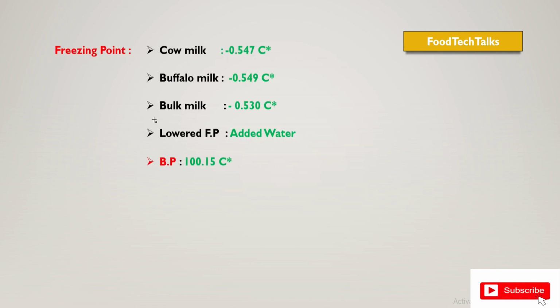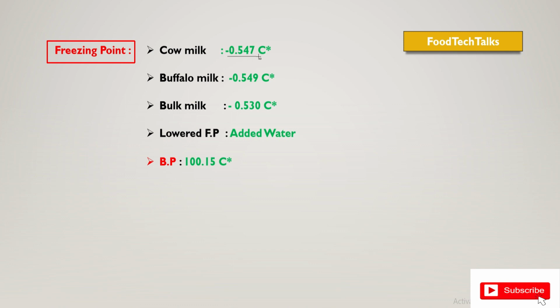Now we will see the freezing point of milk. Milk freezes at a temperature slightly lower than water due to the presence of soluble constituents such as lactose, soluble salts, etc., which lower or depress the freezing point.